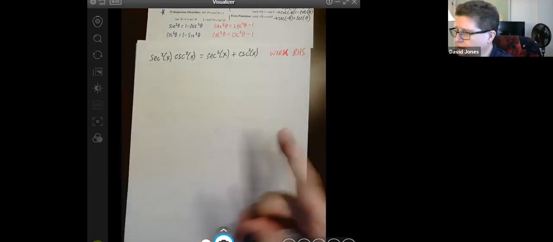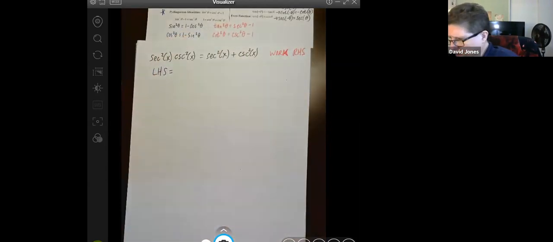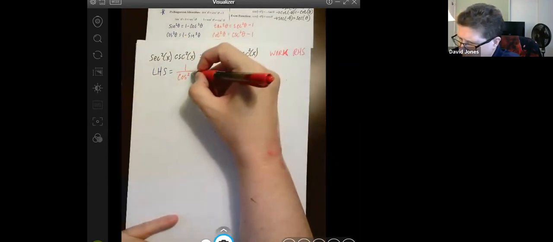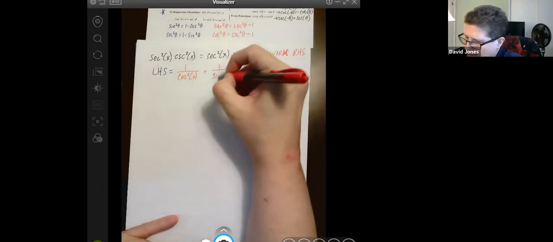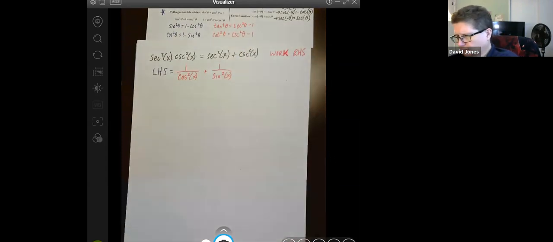Secant squared is 1 over cosine squared, and cosecant squared is 1 over sine squared x. So I just shifted to sines and cosines.